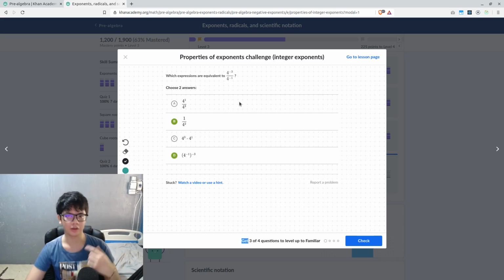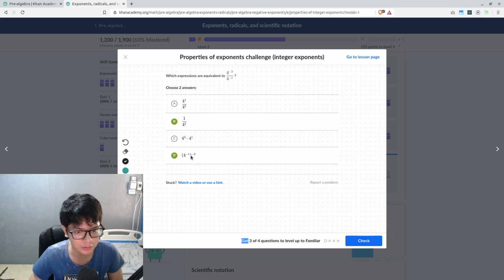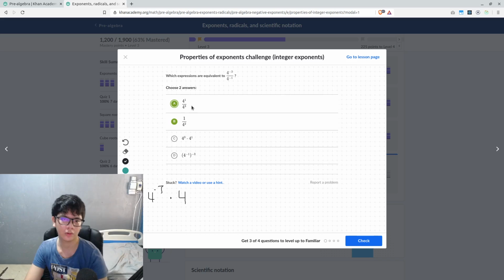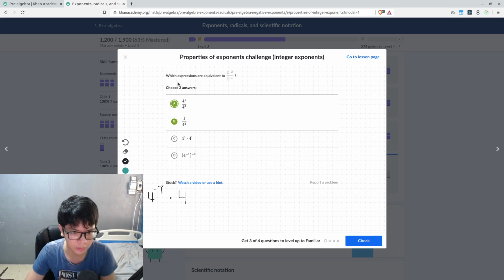This is 4 raised to negative... Oh no. Let's actually solve this. So 4 to negative 3 times 4. It should be this one.